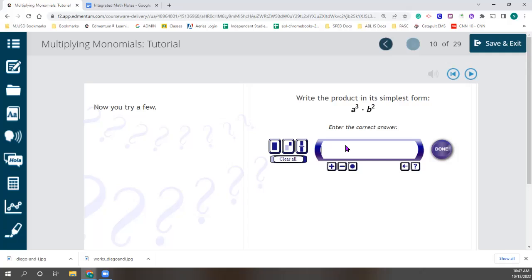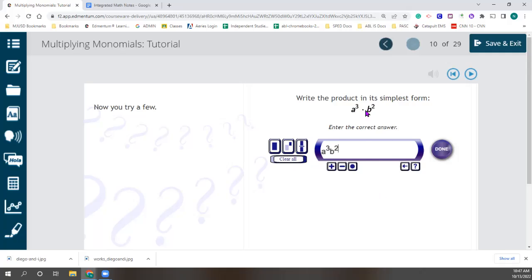So I'm guessing that it's a to the third power, b, not up there, push the down arrow, b, then exponent squared.